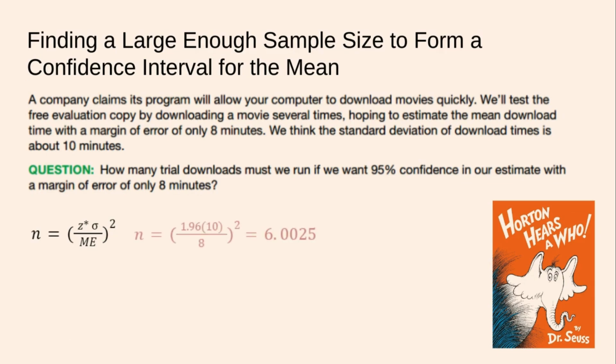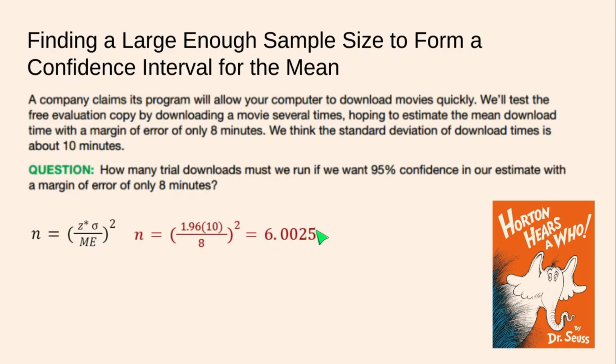All right, moving on. So we do our substitution, and we square that, and we get 6.0025. Now, here is where Horton Hears a Who comes in. Because if I were to round this as I conventionally would, 5 and above, give it a shove, 4 and below, let it go, I would round down to 6, but that's not going to cut it. This is the minimum sample size, according to this formula.